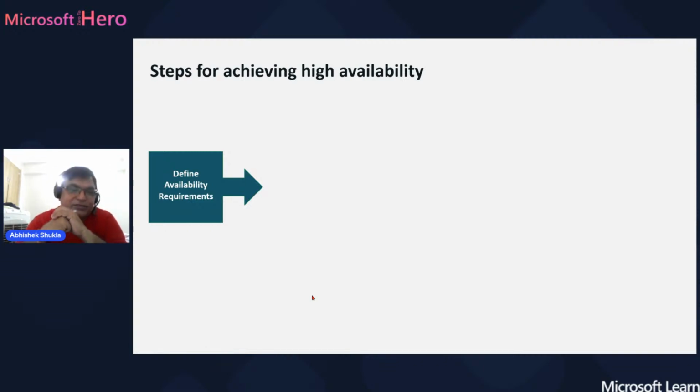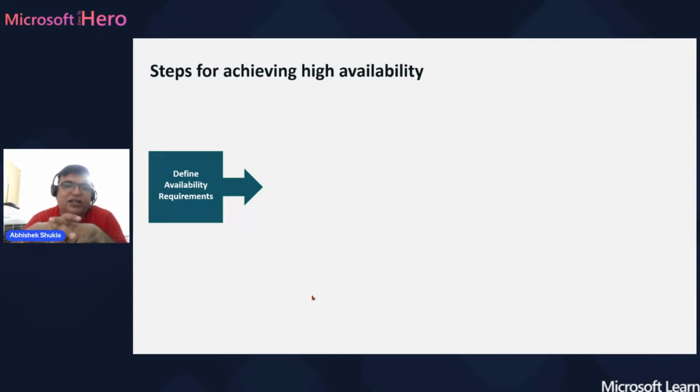Do you want everything to be available all the time or some of the time? You need to clearly define your availability requirement. Once it is clear, only after that can you think about what services you can leverage to achieve it.